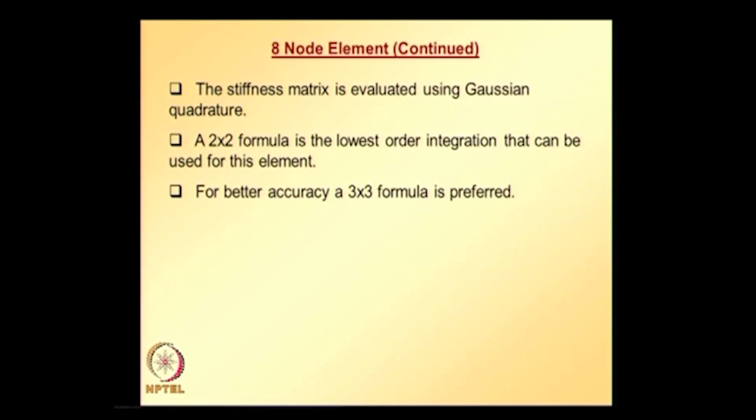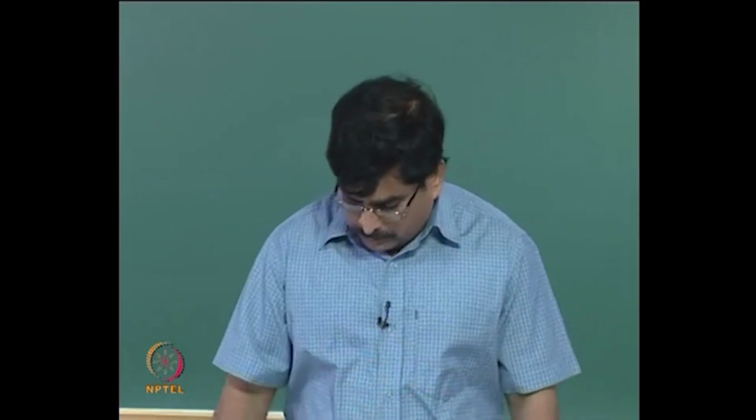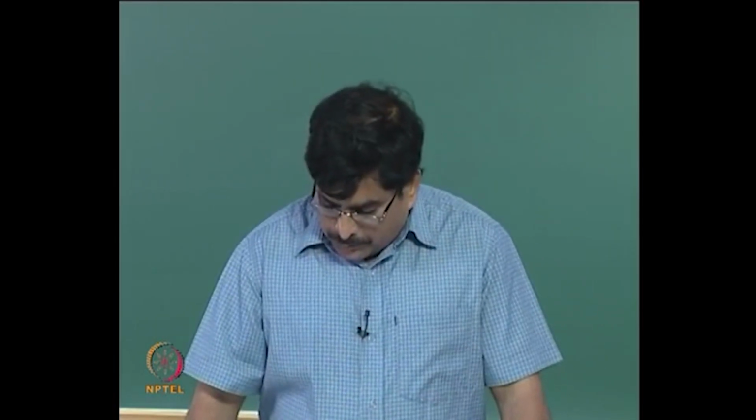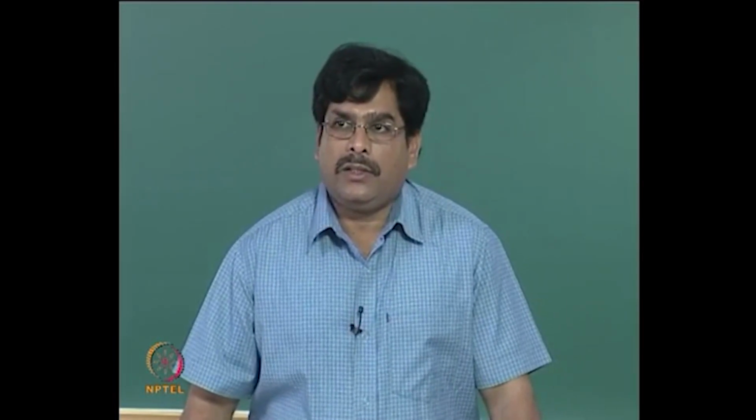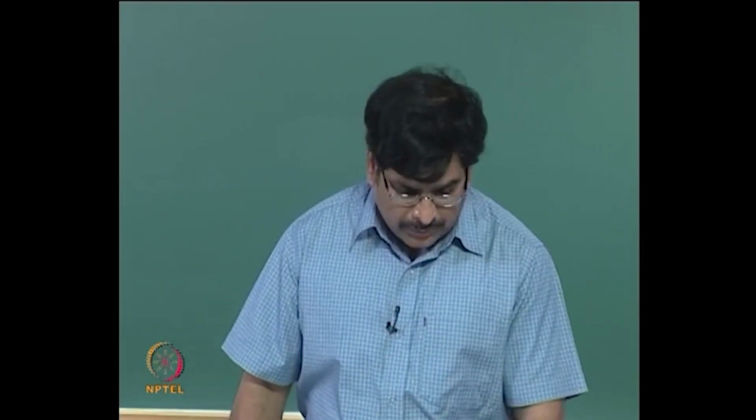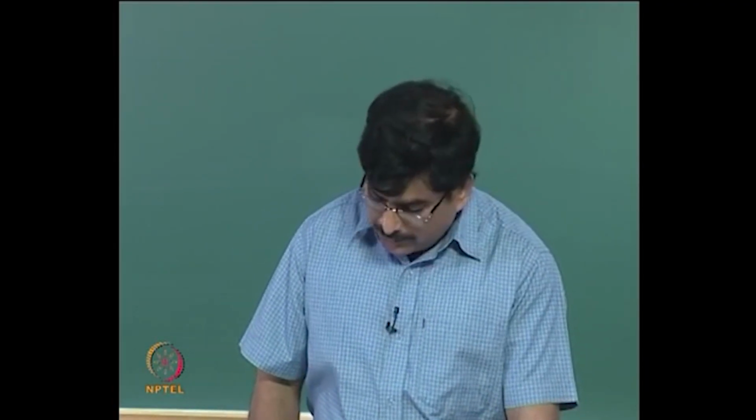So, if you go back and apply the 2n minus 1 criteria for deciding the number of integration points that are required to exactly evaluate an integral that we discussed earlier, you can easily check that the lowest order integration that can be used for this element is 2 by 2. For better accuracy, 3 by 3 integration is preferred.